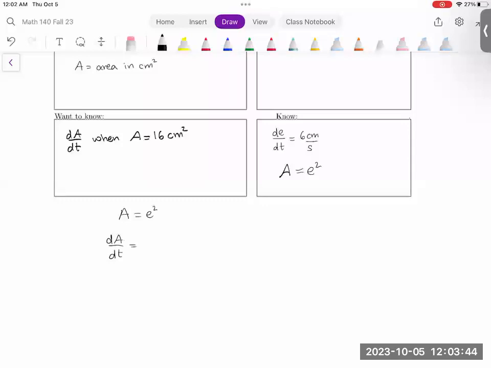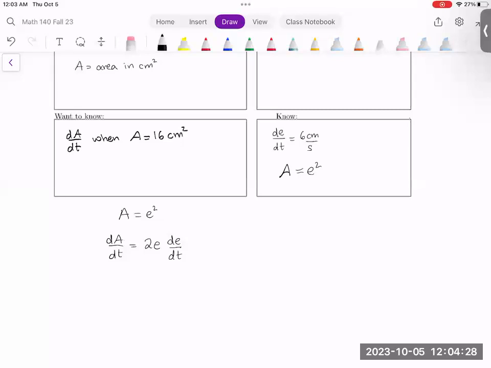And we're going to use the chain rule to take the derivative of the edge length squared with respect to time. So our outside function is x squared, where our argument is equal to E. So we get 2E, and then we multiply by the derivative of E with respect to time, the derivative of the argument. All right. So this is a general equation relating rate of change of area with rate of change of edge length.